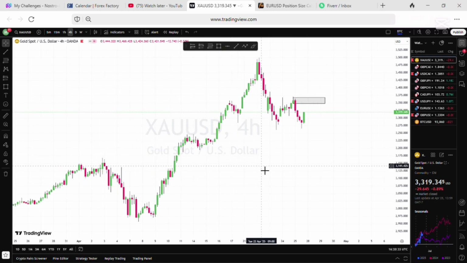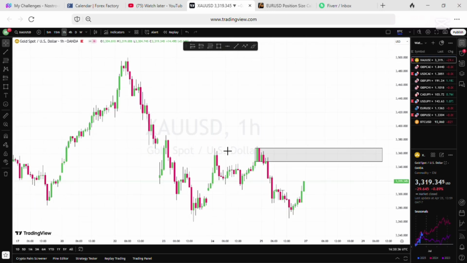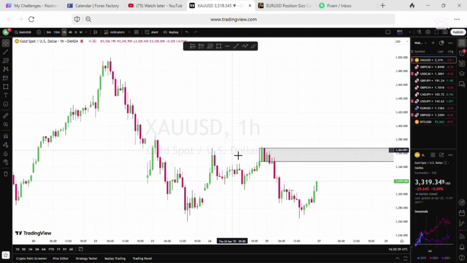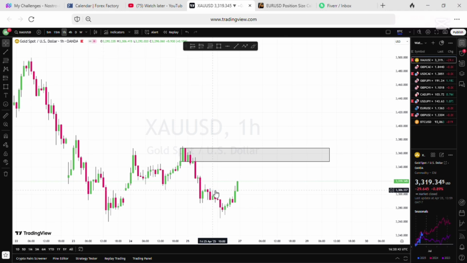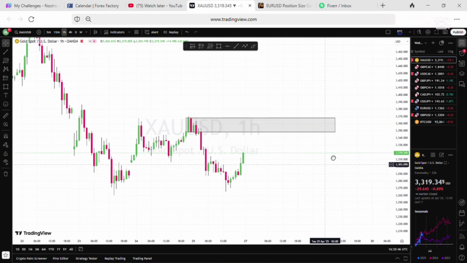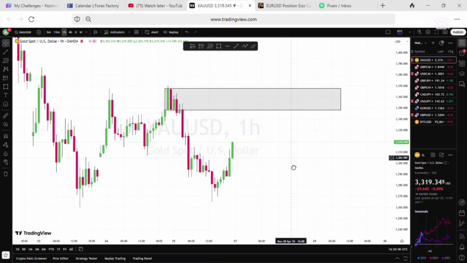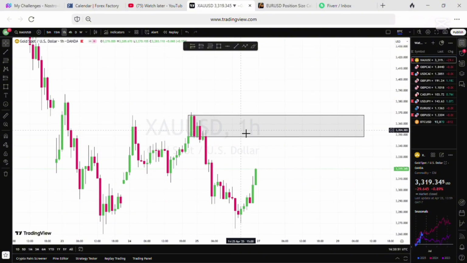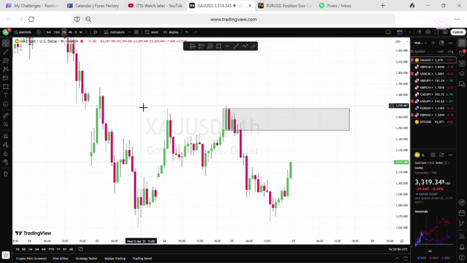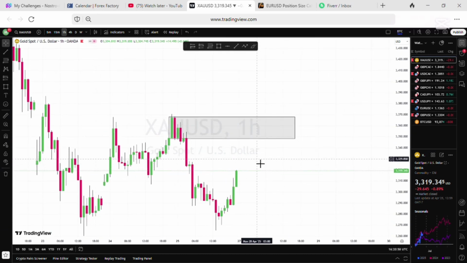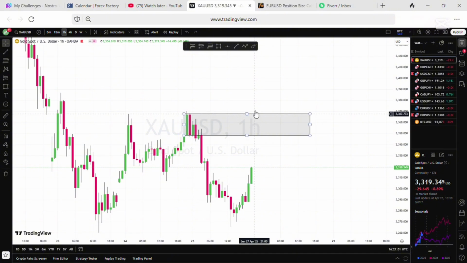Yeah. Let's go down to the 1 hour time frame. And on the 1 hour time frame, still the same thing. So we're expecting price to come to this demand zone. When it does, we will know whether we can enter for a sell, or price might break above this level here, that's this high here.